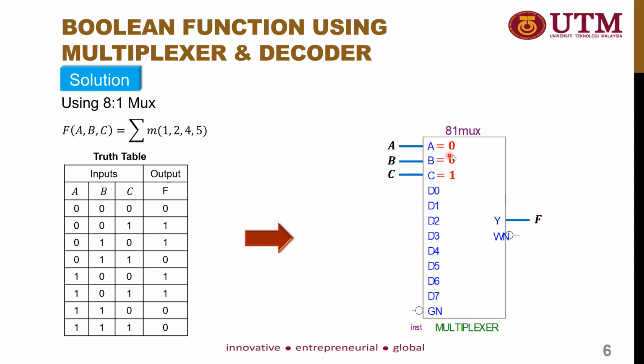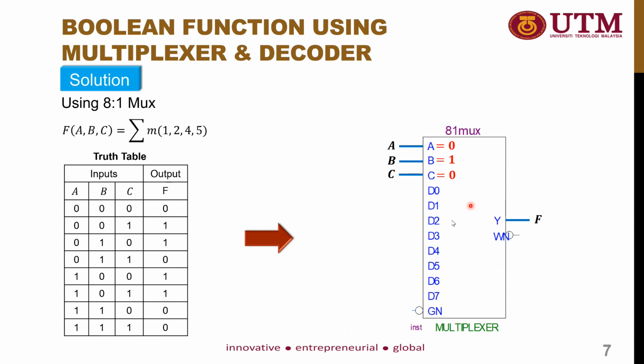When A is equal to 0, B is equal to 0, and C is equal to 1, the output of the multiplexer will become D1 because it selects the next index of the input. Next, if A is equal to 0, B is equal to 1, and C is equal to 0, what is the output of the multiplexer?